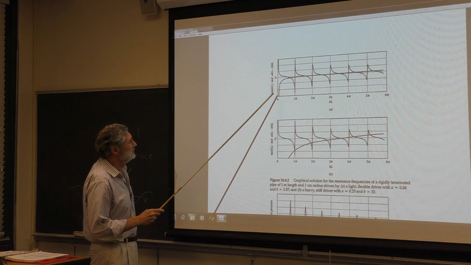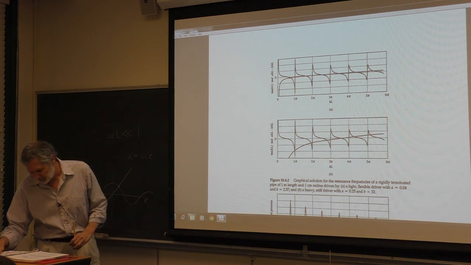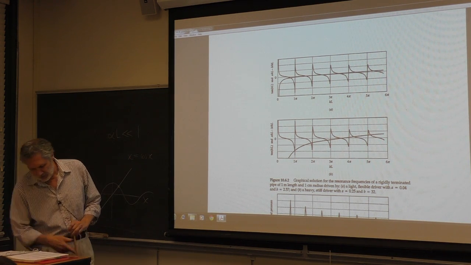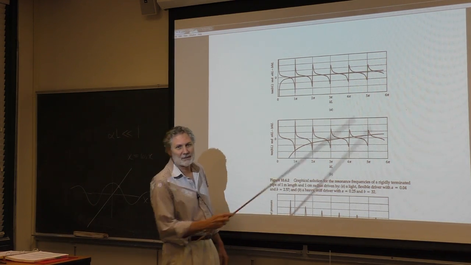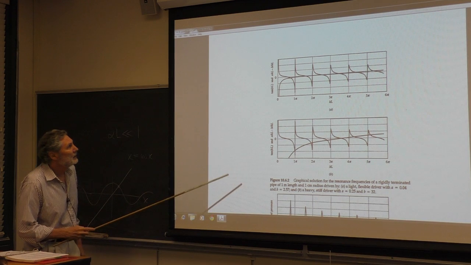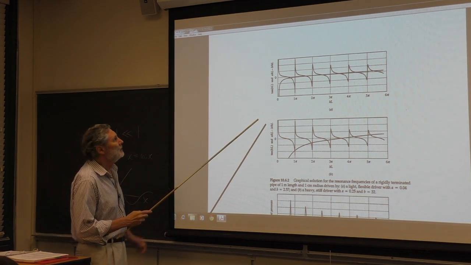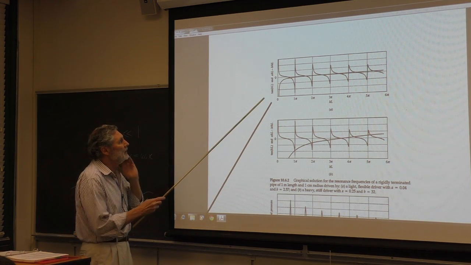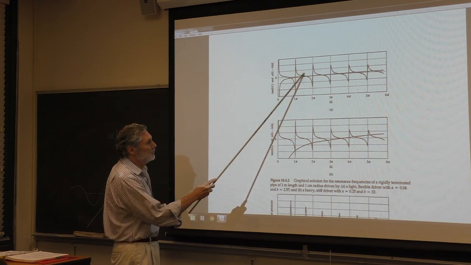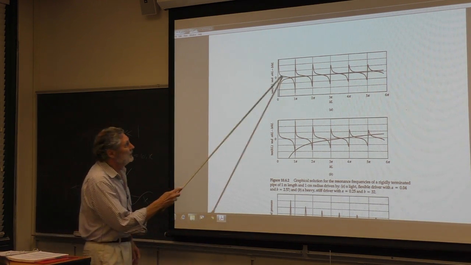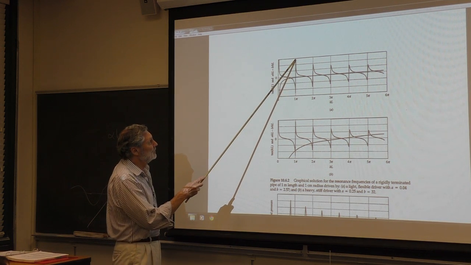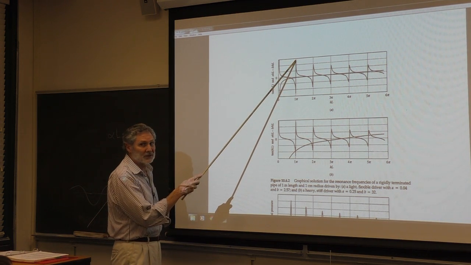So here's, I've forgotten which is G and H. Yeah, so here's the function G, the driver. This, which we've seen before, is the function H involving the pipe. Now you'll notice here that this is not going to infinity, and that's because alpha is not equal to 0.